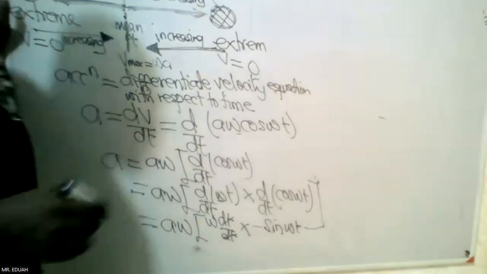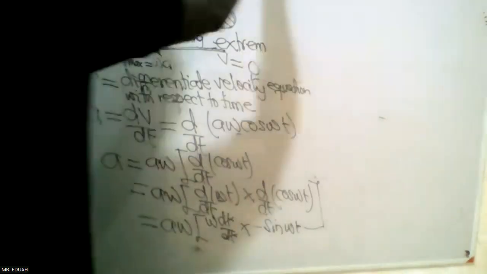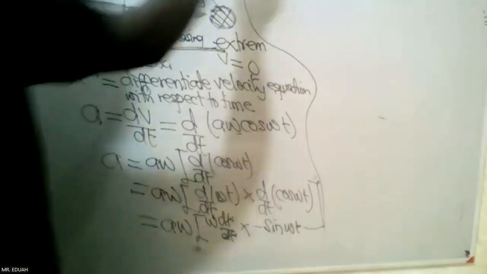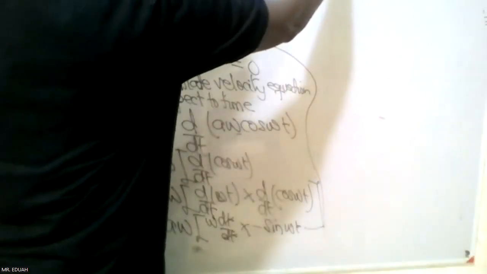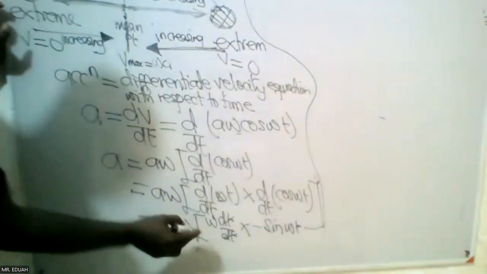So we have the acceleration function equal to a omega times omega times negative sine omega t.